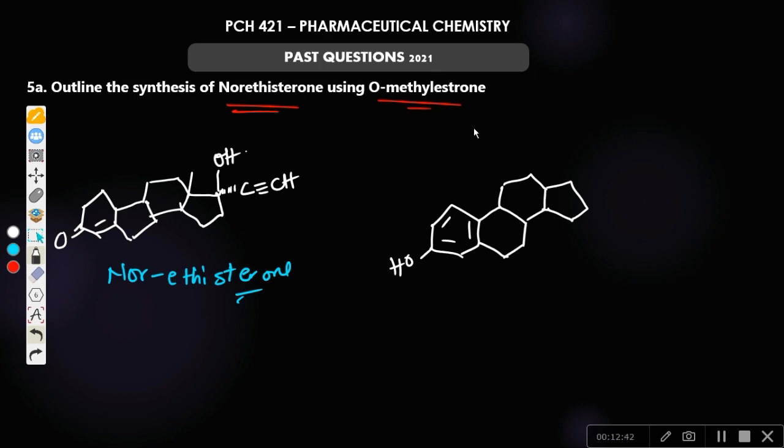That's 18 carbons. So we are going to have one CH3 attached here at this position. Is that okay? And here may be a double bond oxygen O, or it can be OH, any one of them.